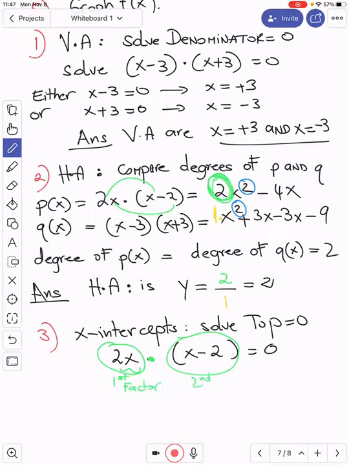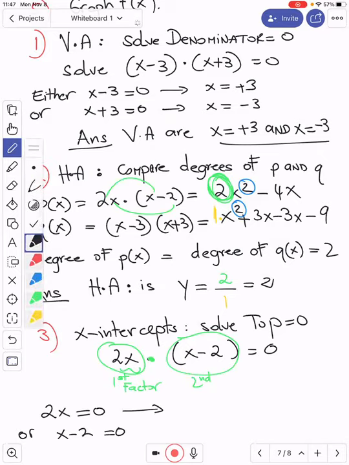So either my first factor is 0, which is 2x, or of course x minus 2 is 0. So 2x equal to 0, guys. You can just divide both sides by 2, and 0 over any non-zero number is 0.